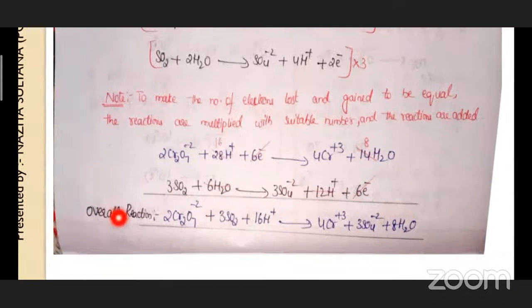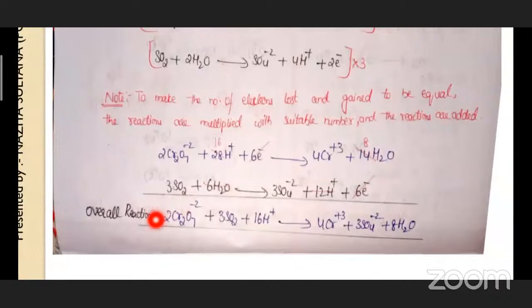After getting the final balanced equation, let us cross check whether all the atoms are exactly balanced or not. 2 into 2, 4 chromiums on the reactant side, and 4 chromiums on the product side. Yes, chromium is balanced. See the oxygens: 2 into 7, 14, plus 3 into 2, 6, so it is 20.